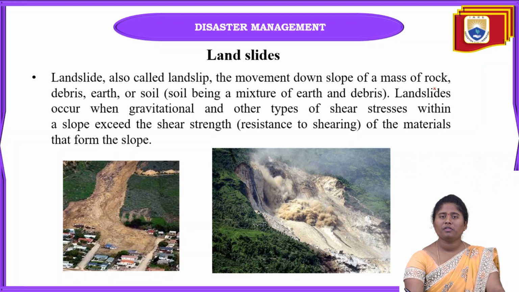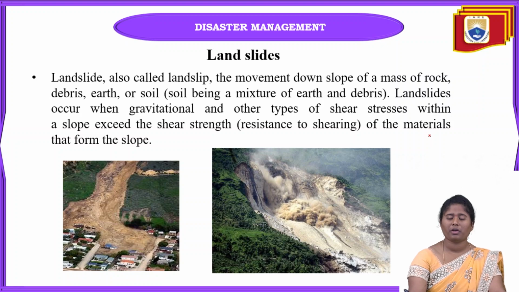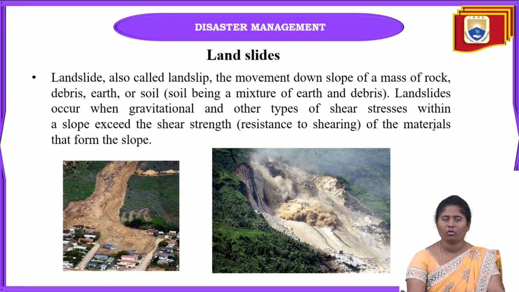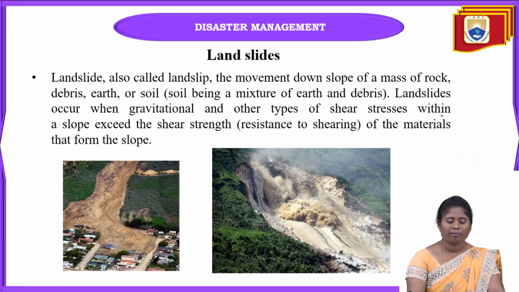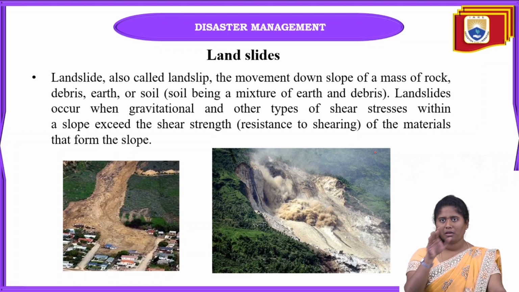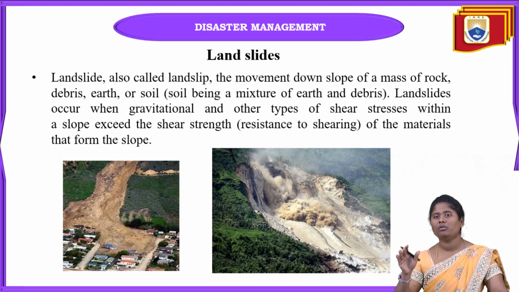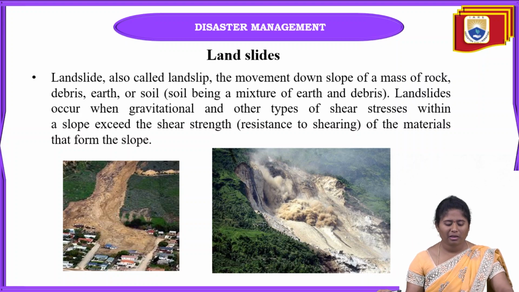If, due to gravitational force, any earthquakes or natural disasters happen, these landslides will take place. Shear strength is there in the land, and only then do the lands slide from the slope to the nearby areas.